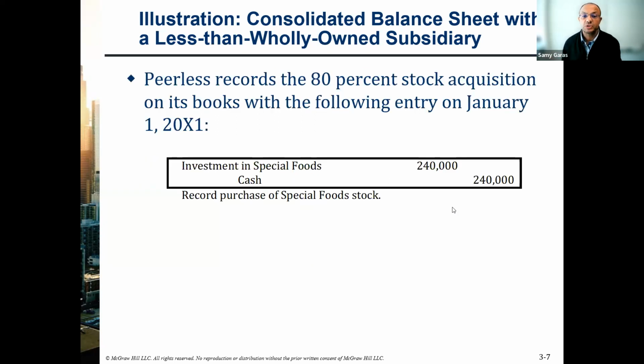And we make the journal entry for the investment as we did in the previous chapters. We debit investment in Special Food and credit cash. Of course, if we give other items apart from cash, like bonds or preferred stock or common stock, we put them on the credit side.